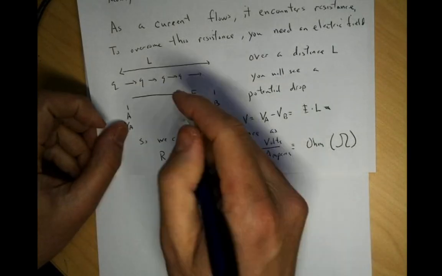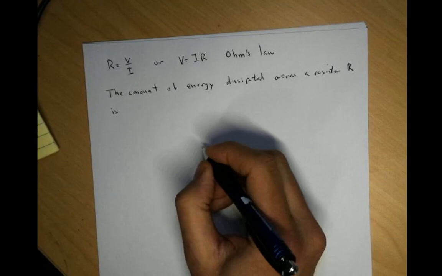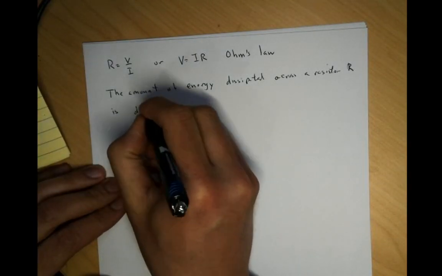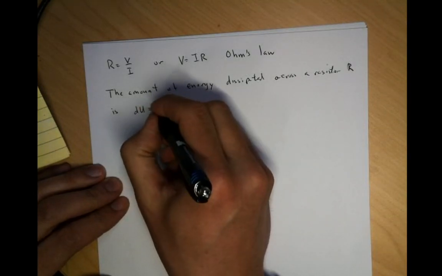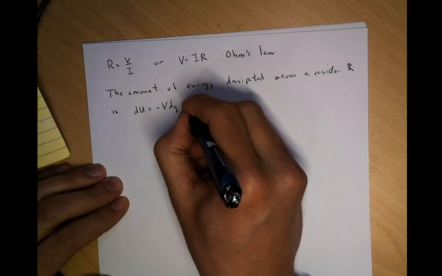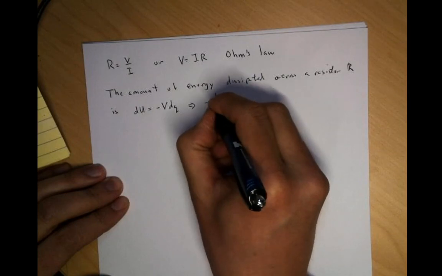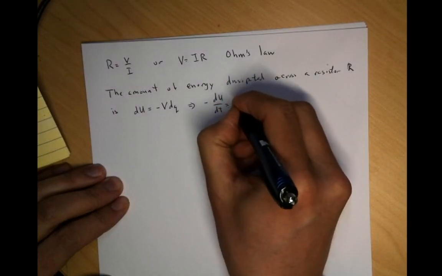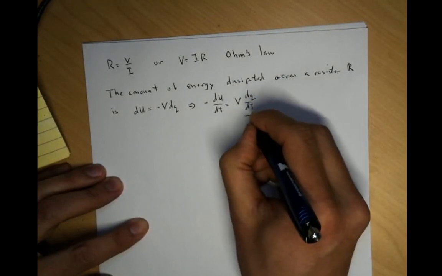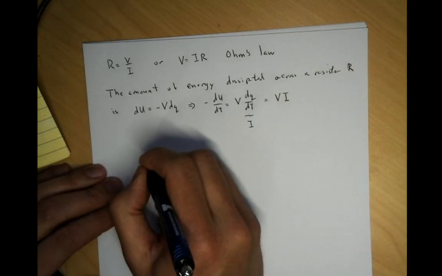There's this V between these two. And so the change in potential energy is equal to minus V dq. So if you take d by dt, dU/dt is equal to V dq/dt, but this dq/dt is just I, so it's equal to V times I.